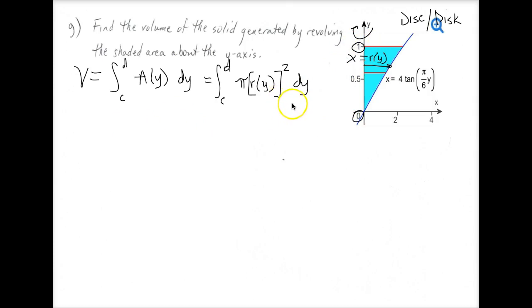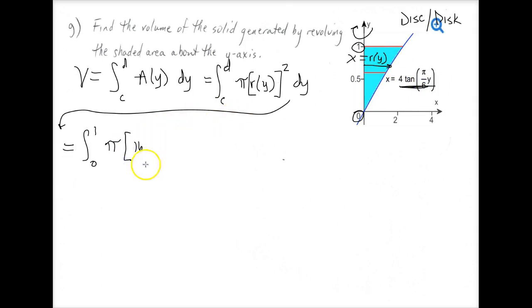All right, so let's go ahead and continue on. So come here, and this will be from 0 to 1 of pi. And of course, if we're taking this and squaring it, we know that 4 squared is 16, and tangent of pi over 6y squared is just going to be tan squared of pi over 6y, all that dy.